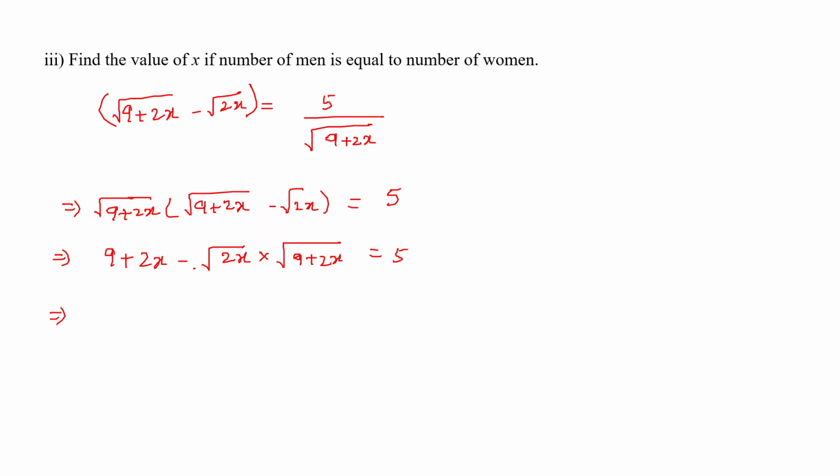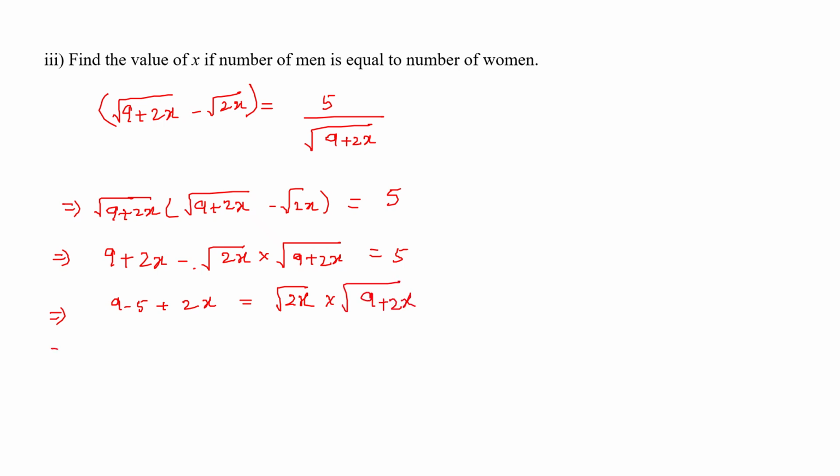Now transpose. From here, I am going to bring 5 from RHS to LHS. So 9 minus 5 plus 2x equal to, now I'm transposing minus of root 2x into root of (9 plus 2x) to RHS.